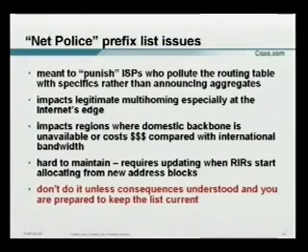Okay, the original intention, I suppose, was to punish ISPs who pollute the routing tables with specifics rather than announcing aggregates, which could well be okay in North America, but the internet is a lot more than just North America.